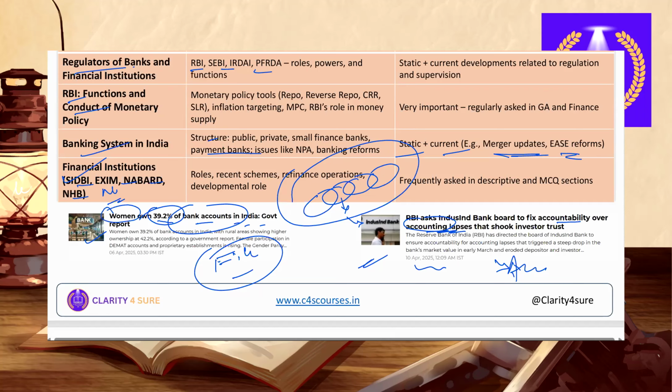Because if you move on to the rural base of our country, you will find that most women open their bank accounts in order to receive the subsidies they get from various central or state governments. They are opening the account to get benefits from direct benefit transfers, DBT, to get money for MGNREGA payments.